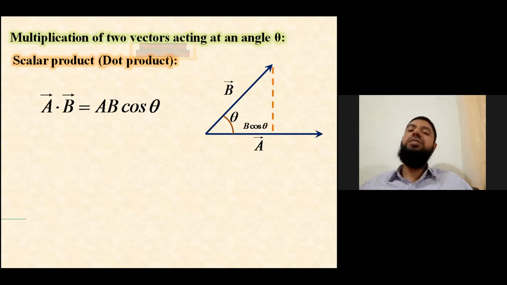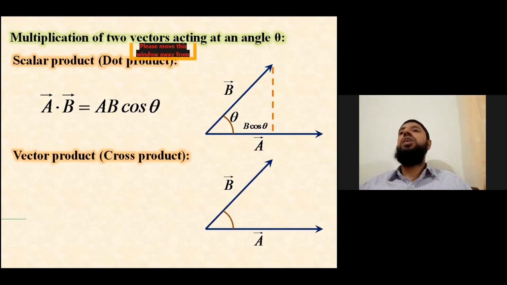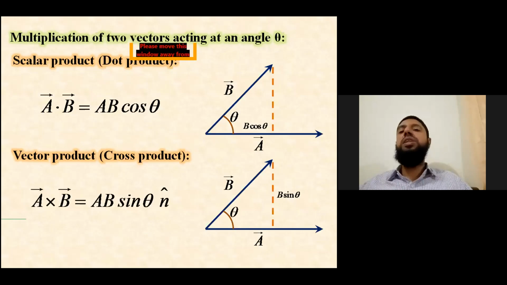You have practiced this in first year. It is very important, and also important going forward. Especially the vector product is much more important than the dot product. If the two vectors make an angle theta with each other, then the vector product is given by A cross B is equal to AB sin theta n cap. What is that n cap?